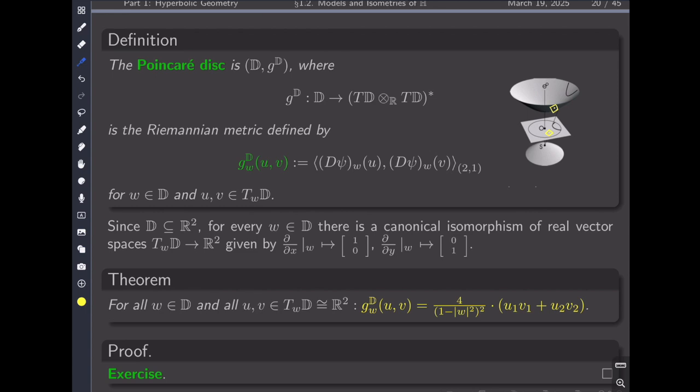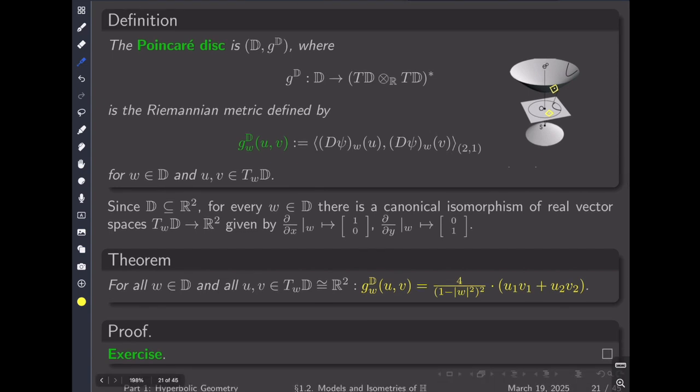But it would be the distance between tangent vectors, not the distance between points in the disk. Right, because this is the Riemannian metric, but not the induced actual metric.